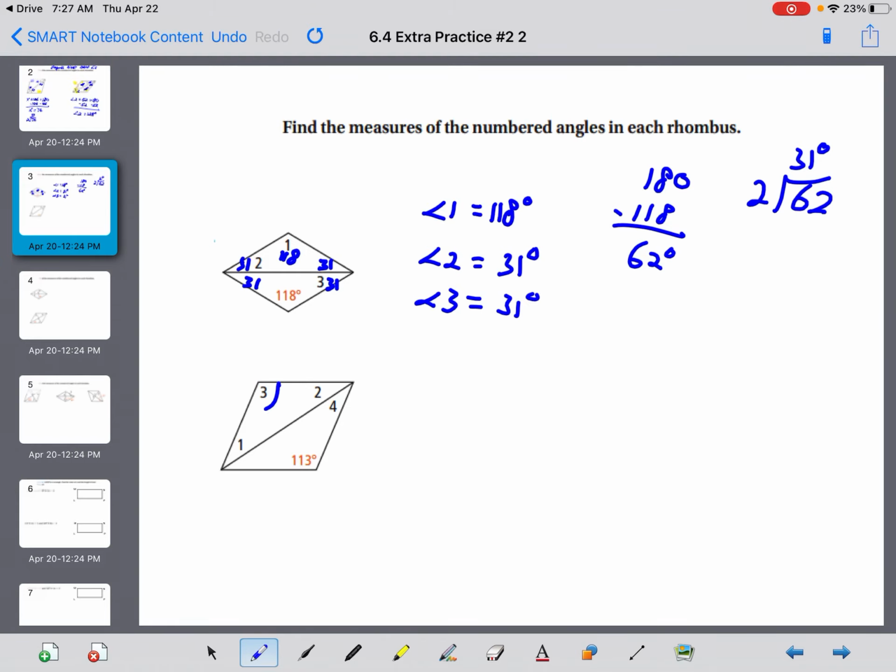Okay, same thing here. Angle 3 and angle 113 are the same. So angle 3 is 113 degrees. Now again, angle 3 is consecutive with angle 2 plus angle 4, right? So what do we get? We get 180 minus 113. And when you type that into your calculator, it gives you 67 degrees.